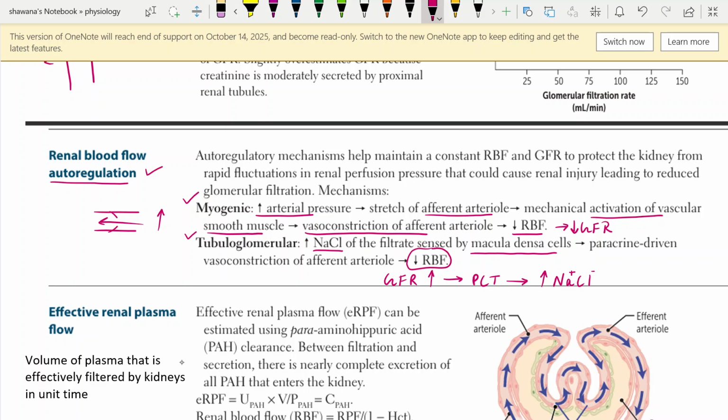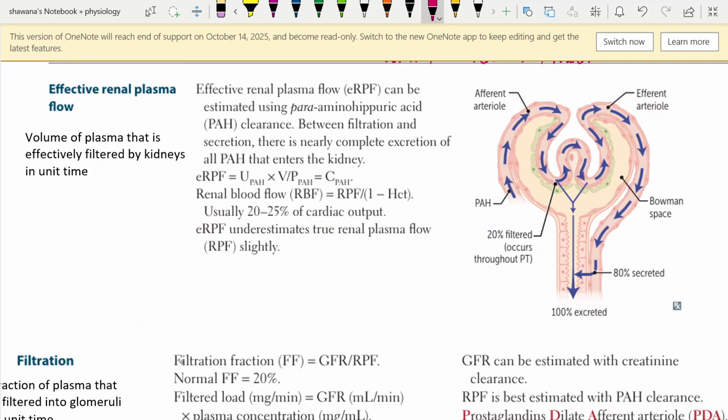Let's talk about the effective renal plasma flow. What is effective renal plasma flow? It's the volume of plasma that is effectively filtered by the kidneys in unit time. And more specifically, what substance clearance is used to measure the effective renal plasma flow? It's para-aminohippuric acid.